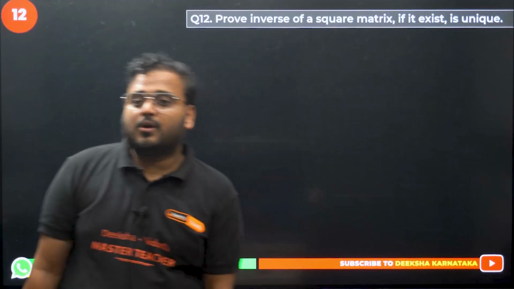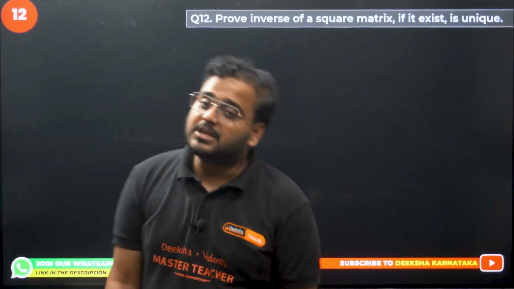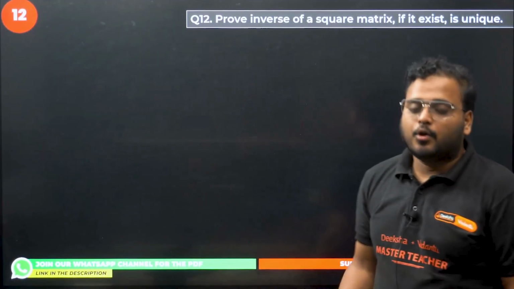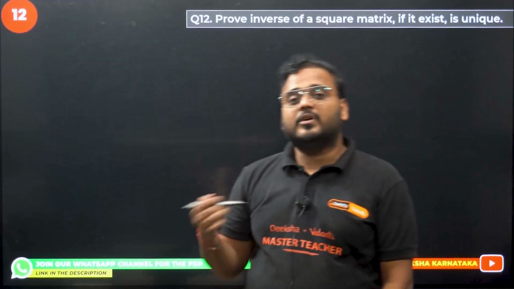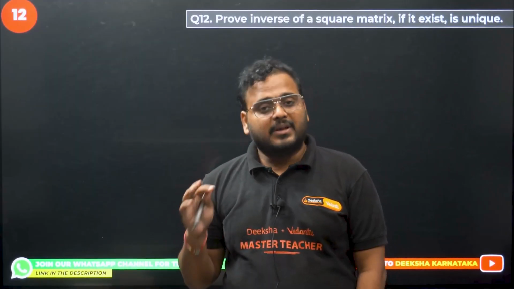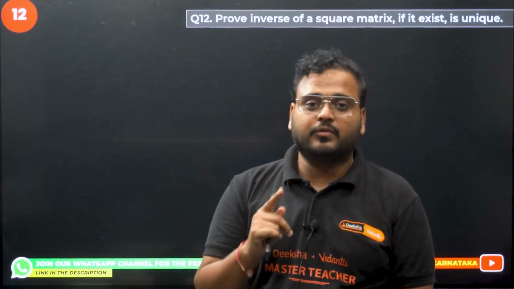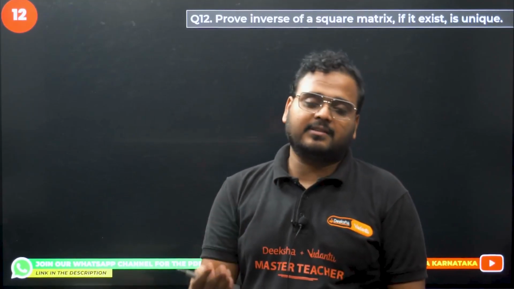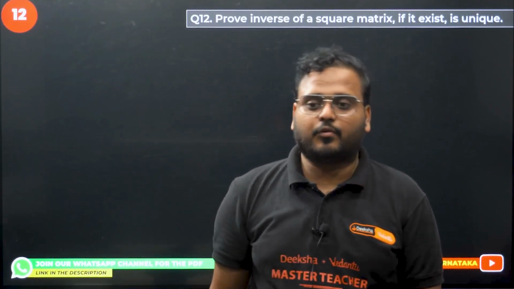Prove that the inverse of a square matrix, if it exists, is unique in nature. I need to prove that for any given square matrix, if there is an inverse, it will always be unique. Means for any matrix you will have only one inverse, if it exists, if it is a non-singular matrix, of course. Okay.